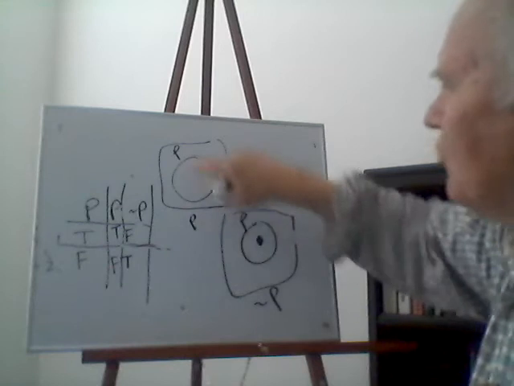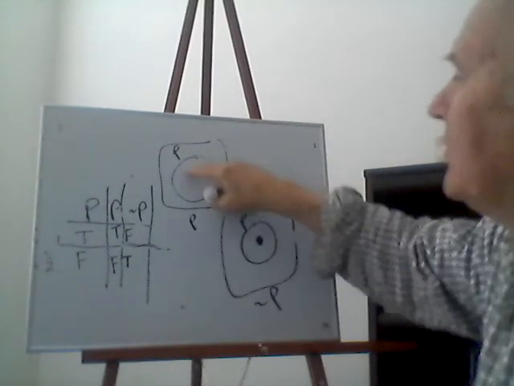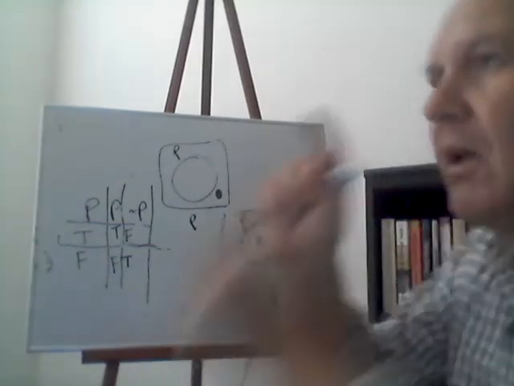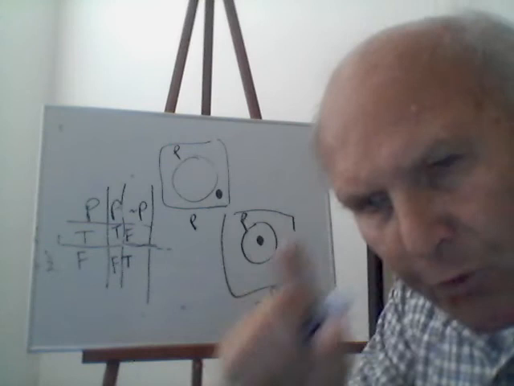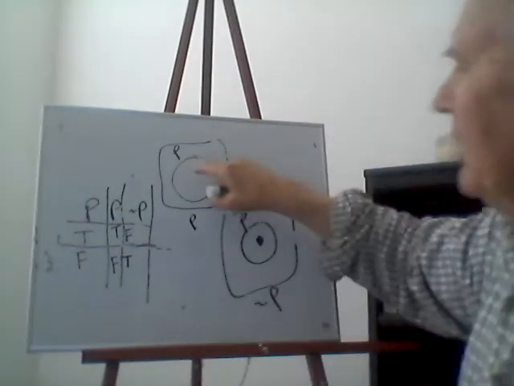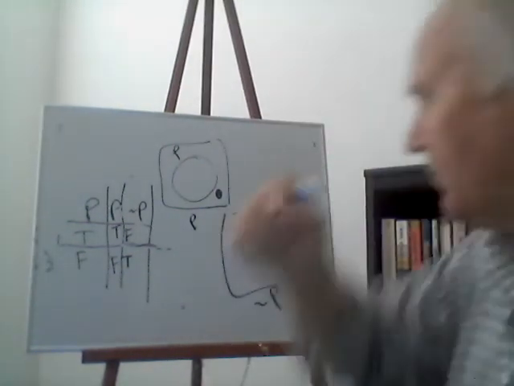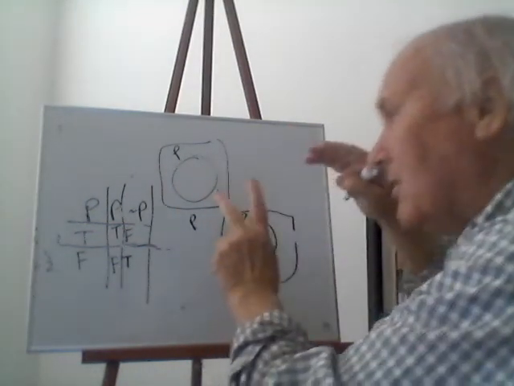P is true. How do I know that? Because I'm pointing to a section that is undarkened. When a section is undarkened, it means that section is true. So this section inside P means P is true. It hasn't been darkened.